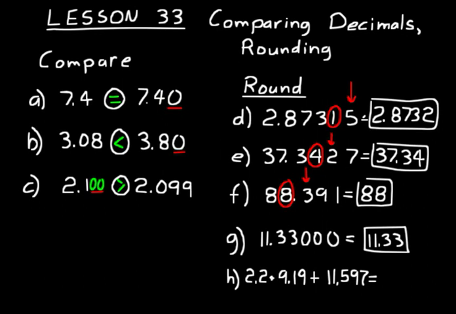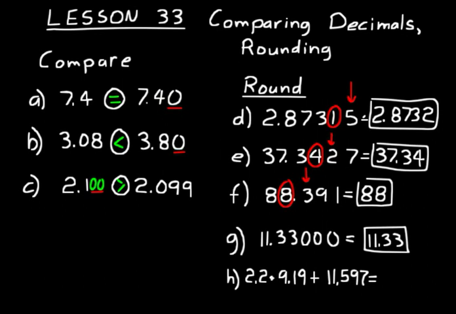Let's do one more problem. One thing that rounding can help you do is to estimate an answer really quickly. Sometimes you don't need to know an exact number. You just need to get close to give you an idea of how these values relate to each other. So on H, you have an addition problem there. I want you to estimate that by rounding each value to the nearest whole number first.